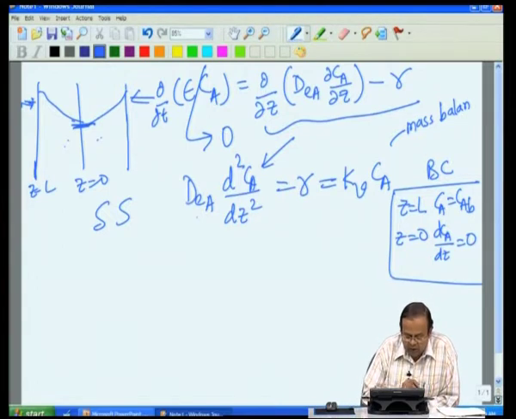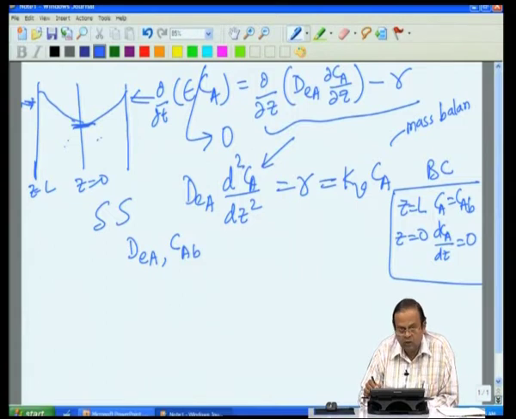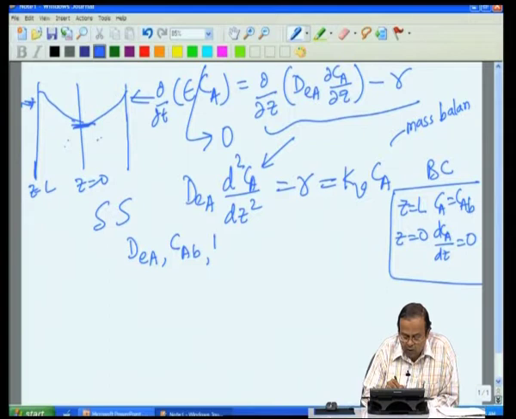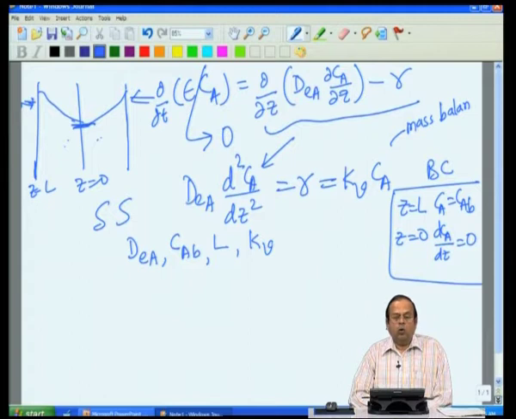If you look at these mass balance equations, there are 4 parameters: diffusion coefficient, concentration of bulk Cab, L, that is characteristic of the pellet, and then there is Kv. So, this diffusion mass balance along with its boundary condition involves 4 different parameters.